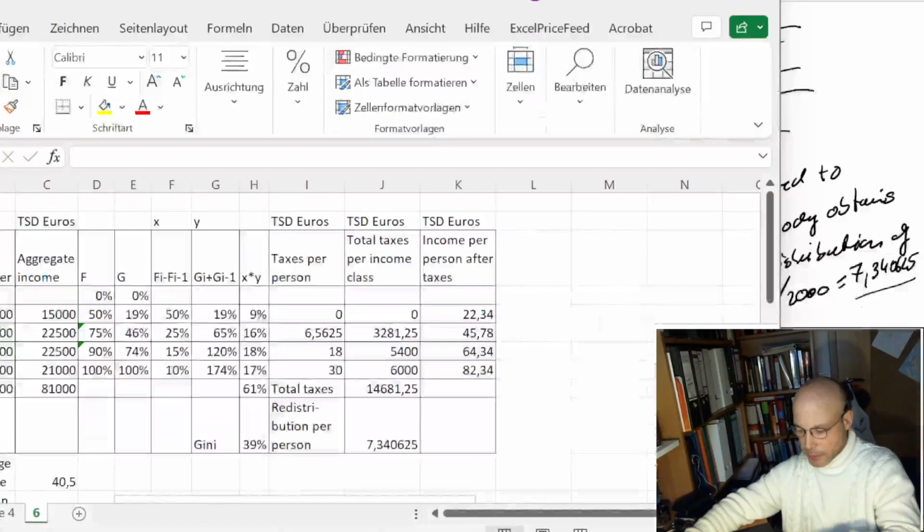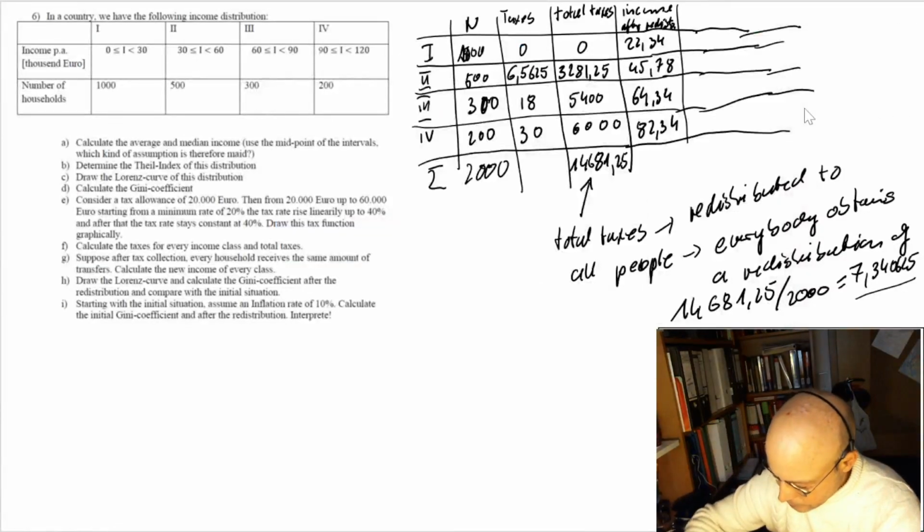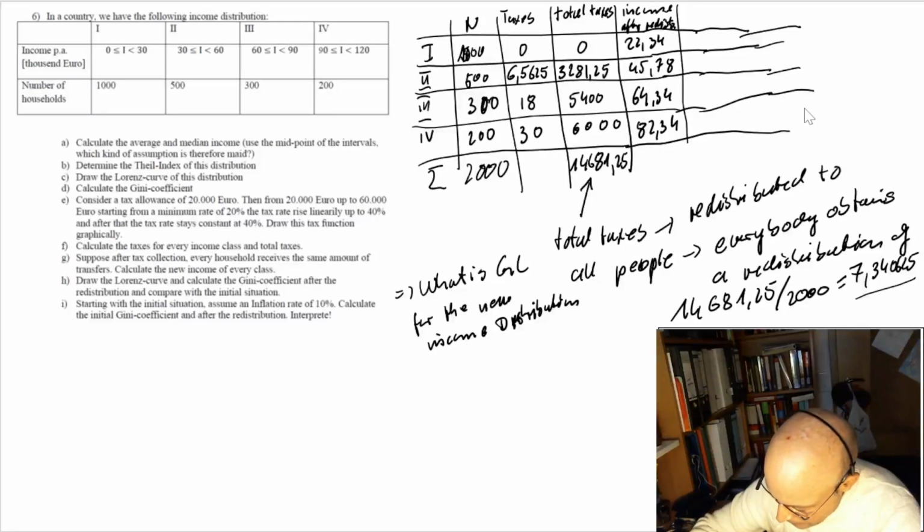So the question is now, what is the Gini for the new income distribution after the redistribution?